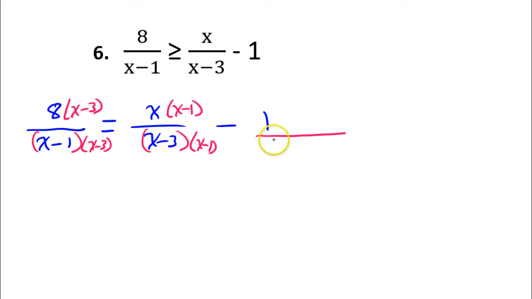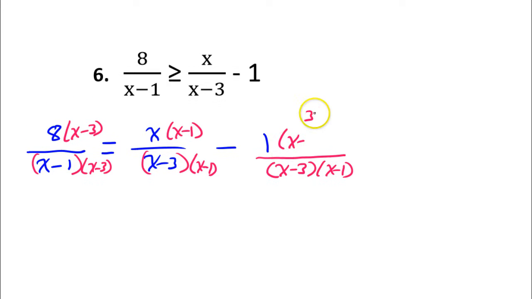So I'm going to make this be x minus 3, x minus 1 like all the others. Once the denominators are the same, you can cancel them out and make yourself a new equation.